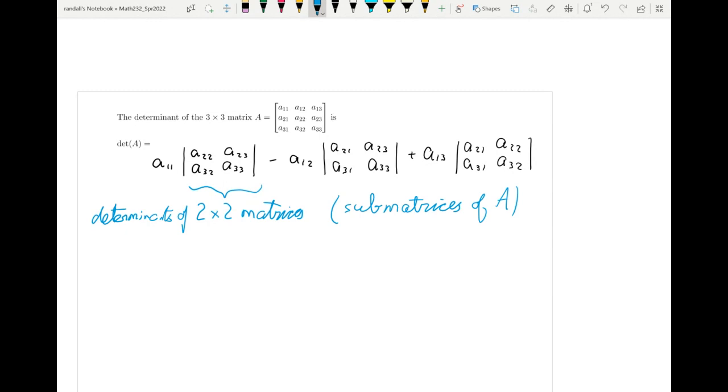So that's one formula. See below for the general definition of the determinant. So this is like a particular definition.